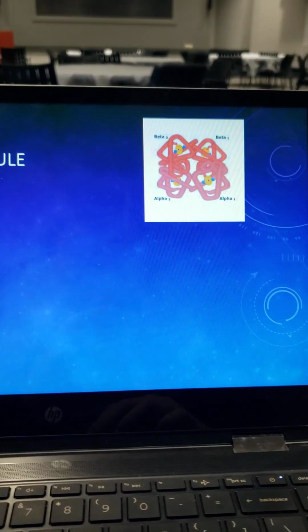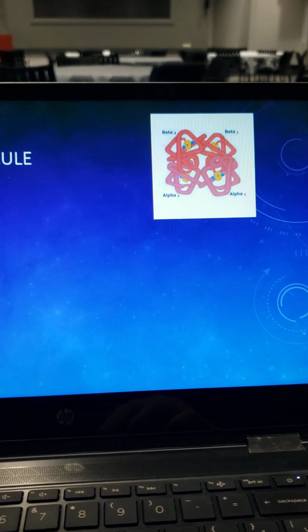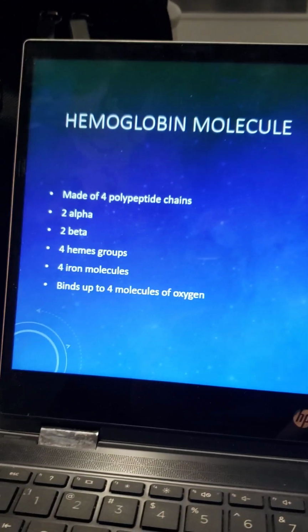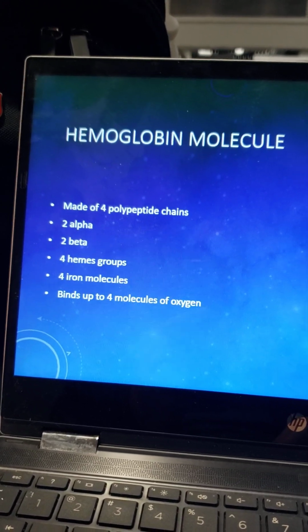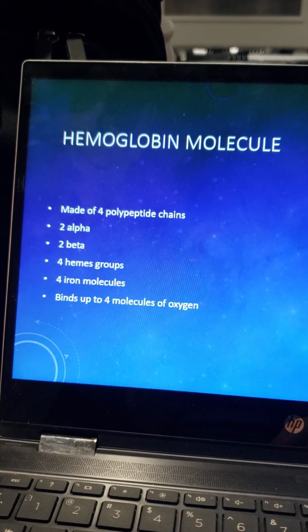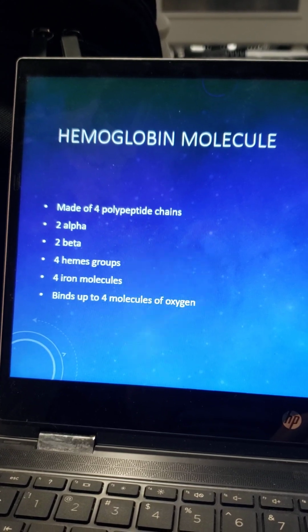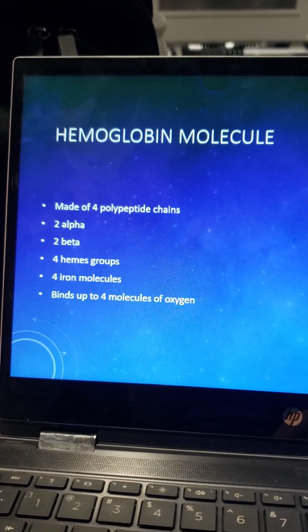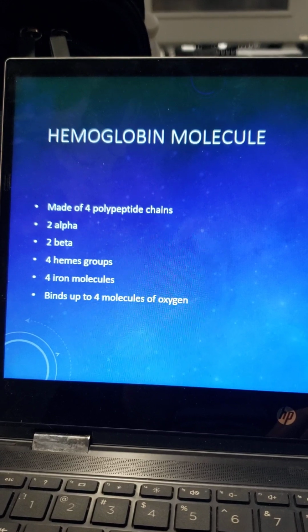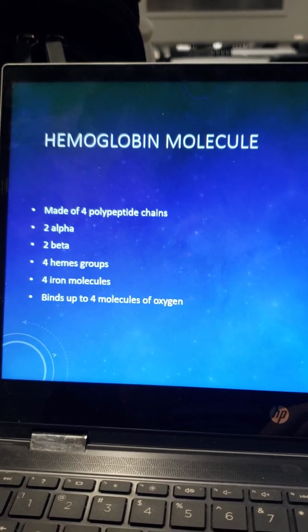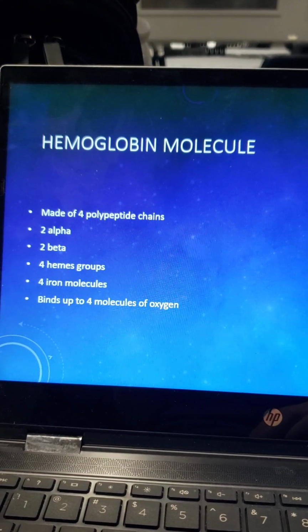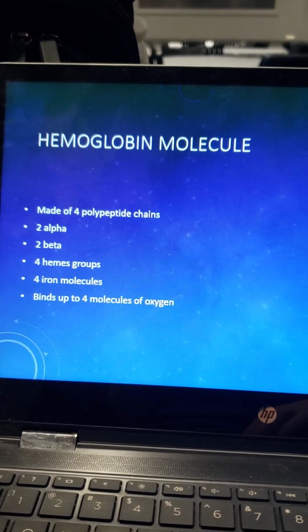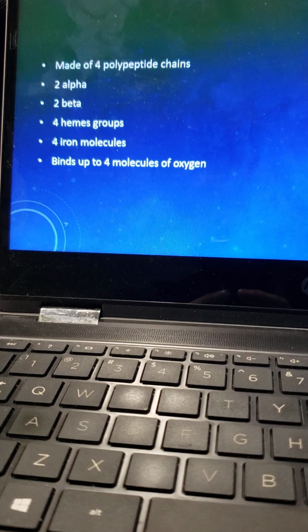The hemoglobin molecule is made up of 4 polypeptide chains, 2 alpha and 2 beta chains. There are 4 heme groups, 4 iron molecules, and each iron molecule allows the protein to bind up to 1 oxygen molecule. So each hemoglobin molecule can bind up to 4 oxygen molecules.